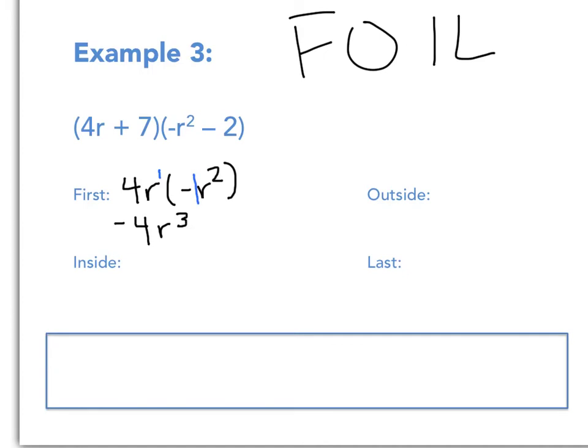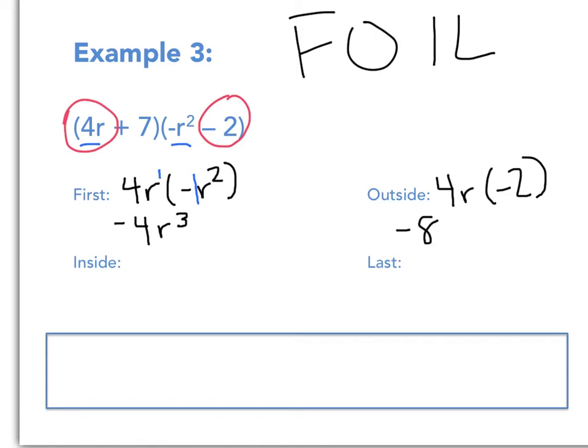When we look at the outside terms, we have 4r and negative 2. So 4r times negative 2. That is just negative 8r. Then we have our inside terms, which are 7 and negative r squared.